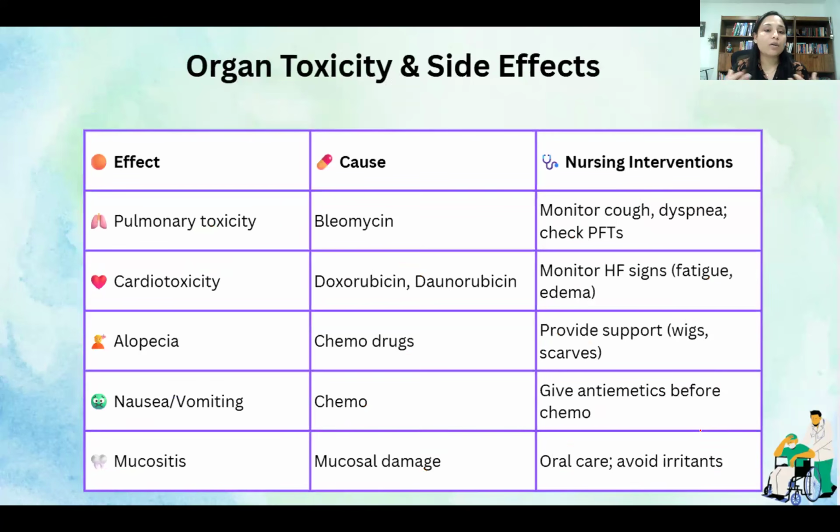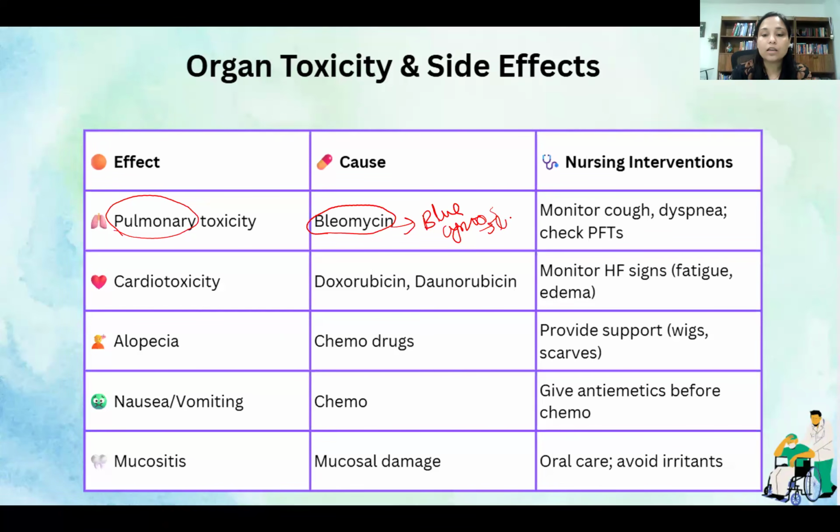Another side effect is organ toxicity. These medications can affect organs; they damage the organ. Talking about pulmonary toxicity, that means the lungs get affected, with bleomycin. How do I remember? I remember bleo as blue, related to cyanosis, right?